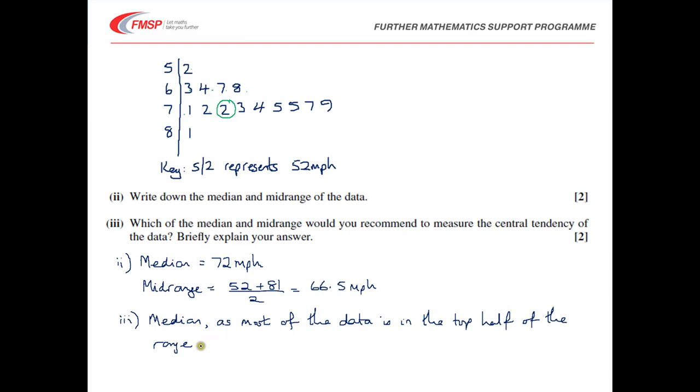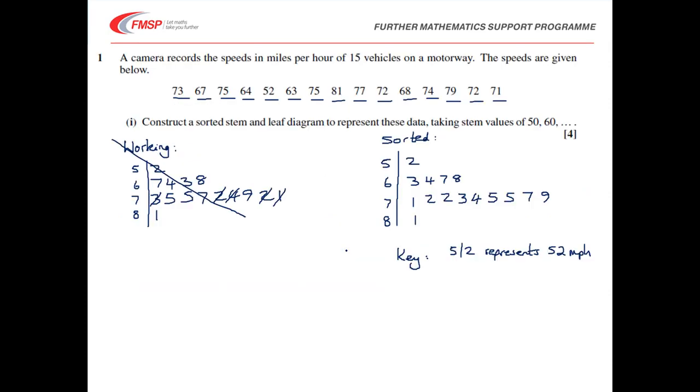So the mid-range is not representative. Alternatively, you could have commented on the fact that 52 is very much an outlier. We haven't done any calculations on that, but you can see it's a long way below all the rest of the data. Okay, let's see how the mark scheme works for this question.